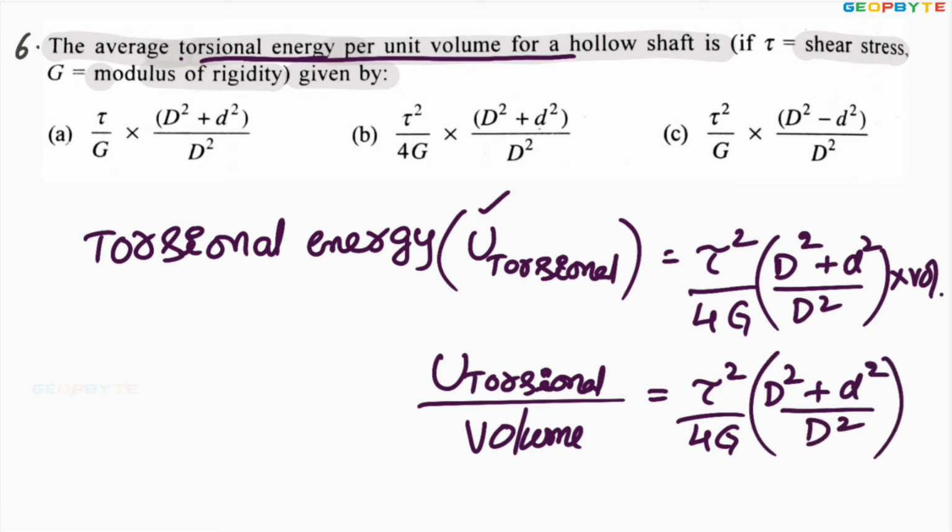This is the formula, the torsional shear strain energy per unit volume. Therefore, option B is absolutely correct. Let us move to the next problem.